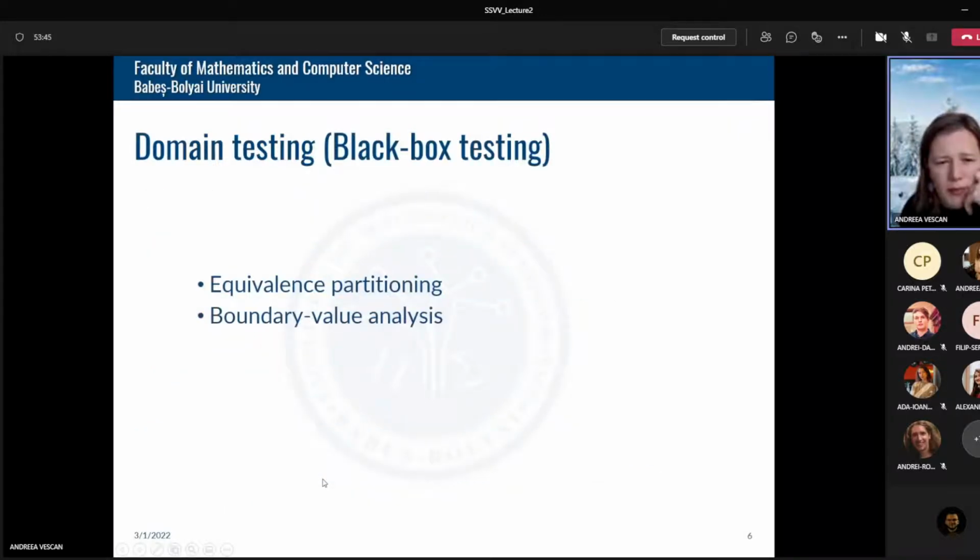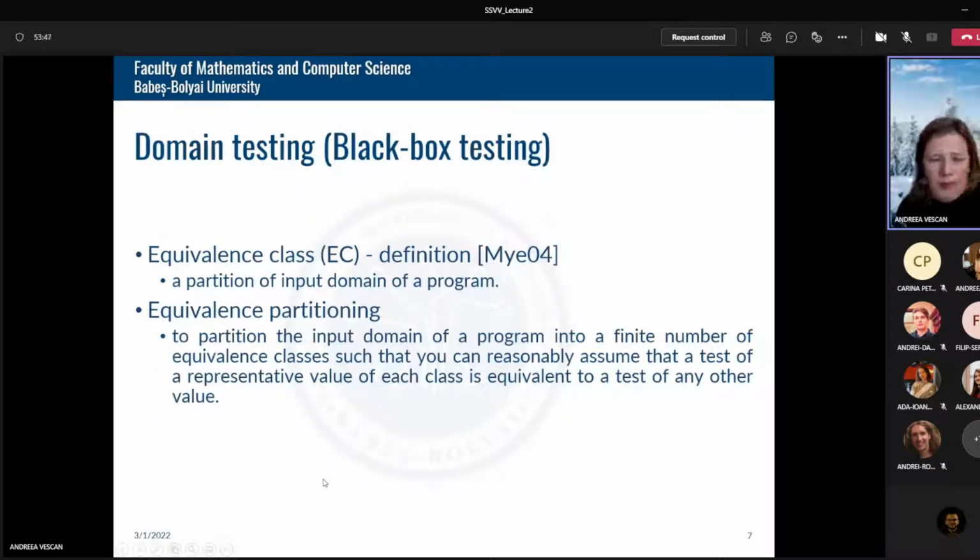So what is equivalence partitioning and boundary value analysis? Equivalence partitioning, or equivalence class, you can find the definition in the book of Myers, is basically a way of thinking of the input domain, where you partition the input domain.